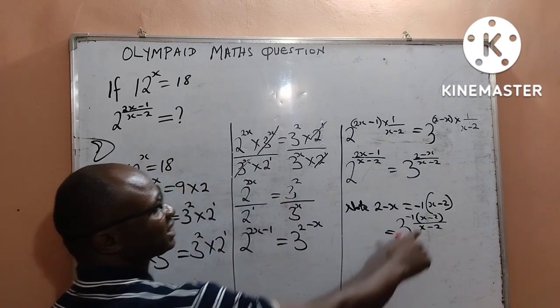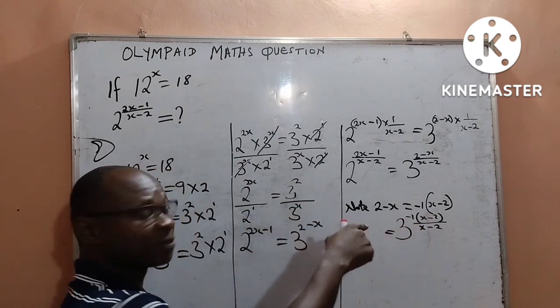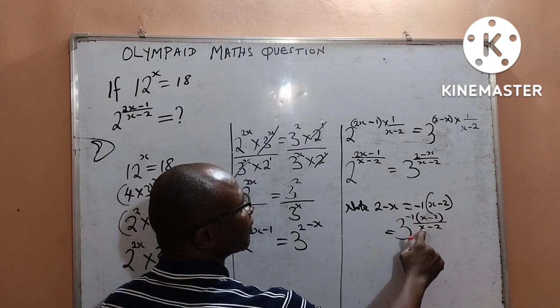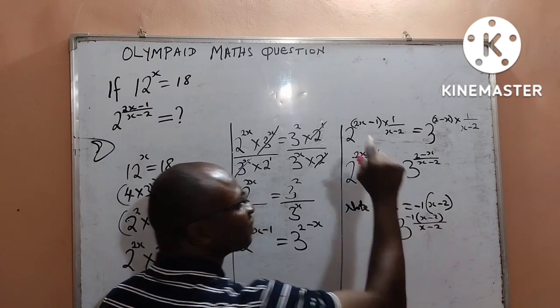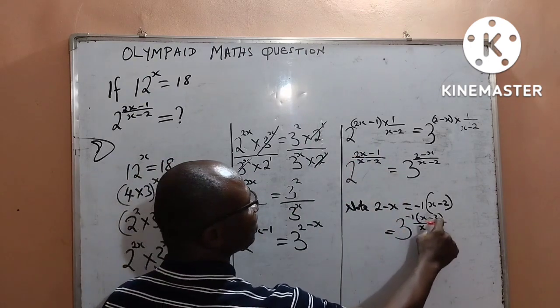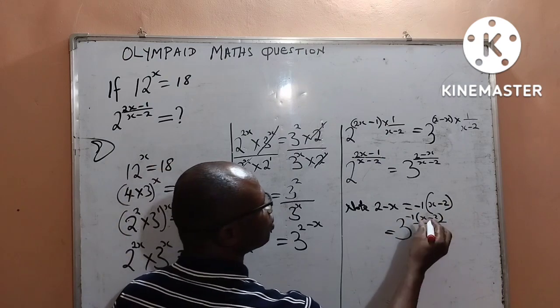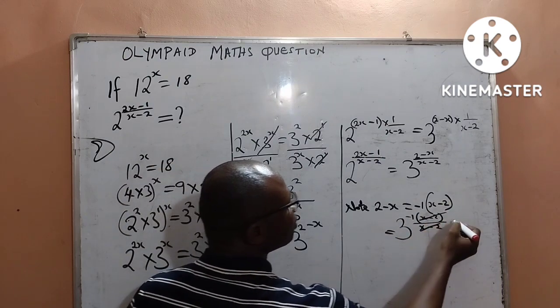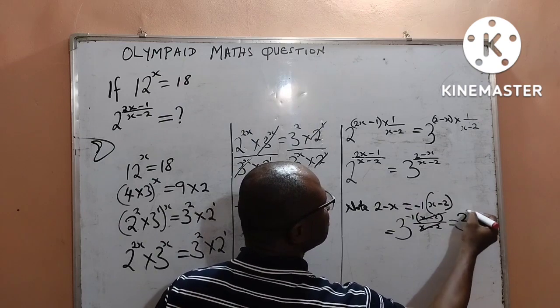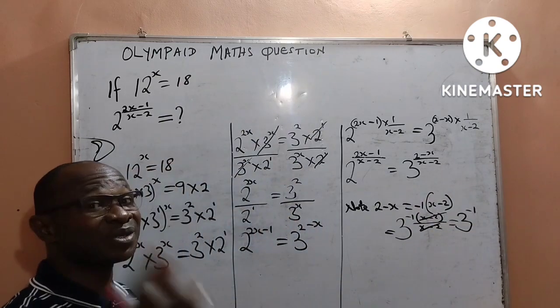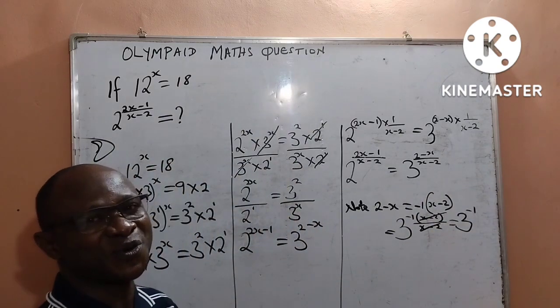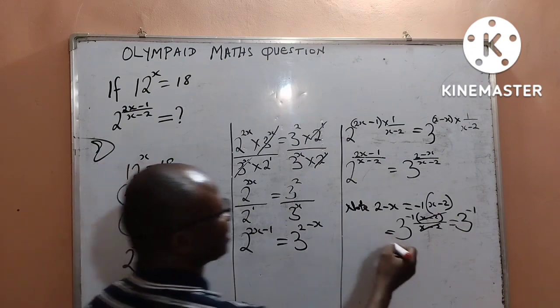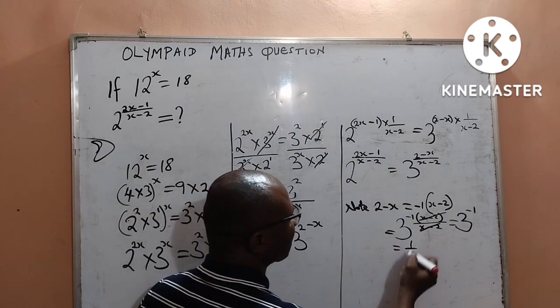You can also see that the bracket at the numerator in that exponential part all over x minus 2, both of them are equal. That is, I have x minus 2, x minus 2. I can cancel them. So what do I have now? 3 raised to the power minus 1. And you know 3 raised to the power minus 1 is equal to 1 over 3. So this is now equal to 1 over 3.